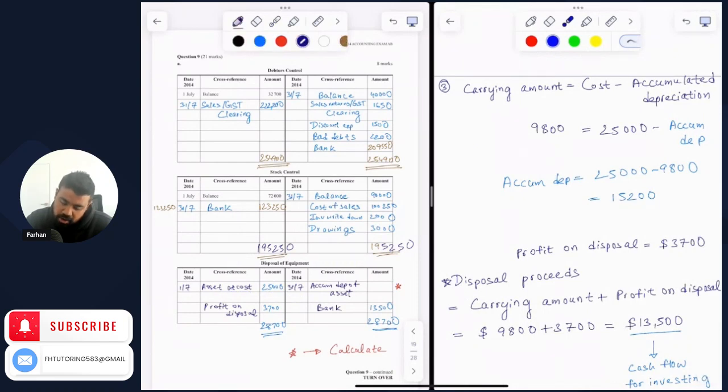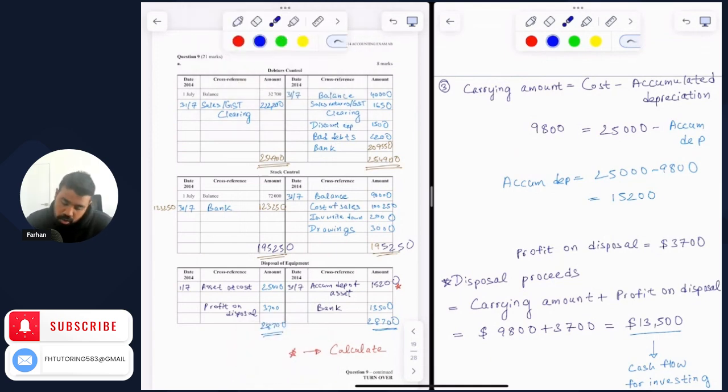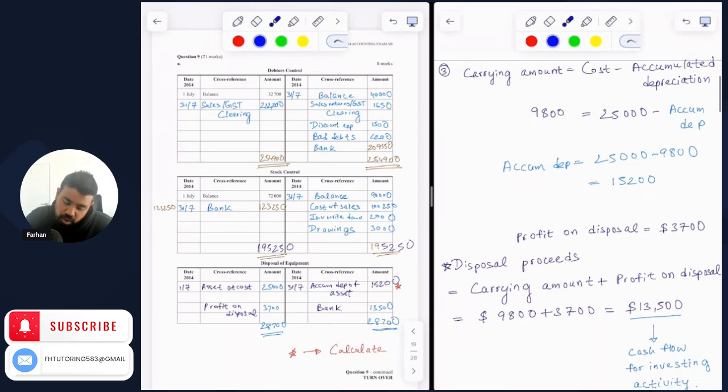So let's include that here. Then we know that we are receiving $30,500 by disposing this asset, which we report on the credit side. And then we have a profit on disposal of $3,700, which we report on the debit side.